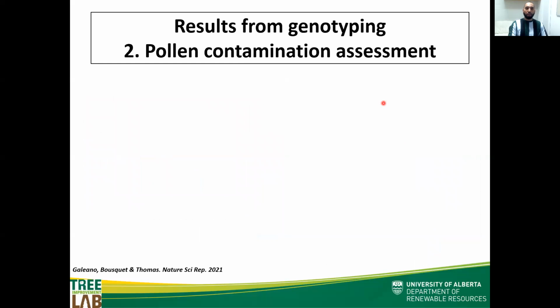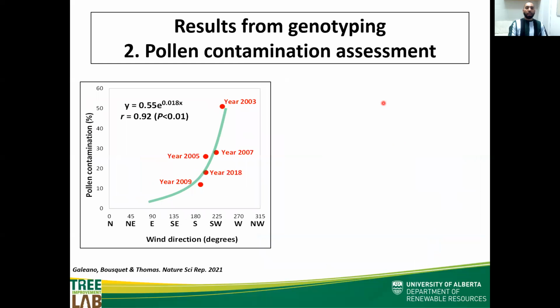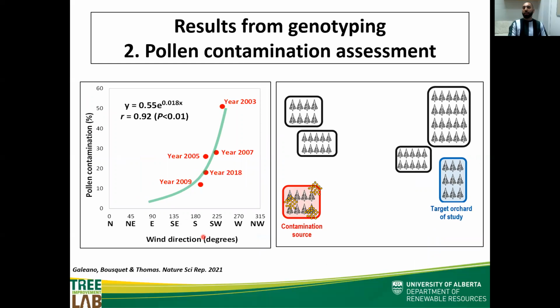Let's see pollen contamination. What we found were different levels of pollen contamination from seedlots going from 50% down to 10%, and they correlated exponentially with wind direction. This correlation helped us to understand what was going on at the site.